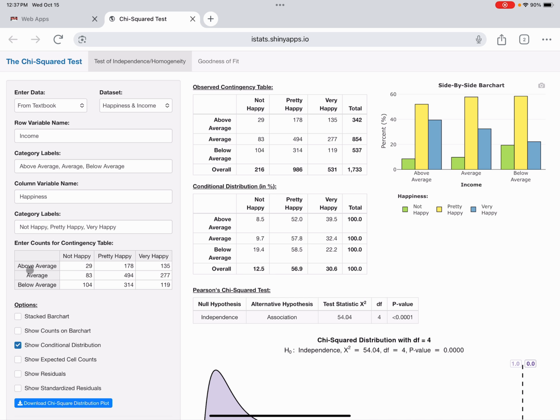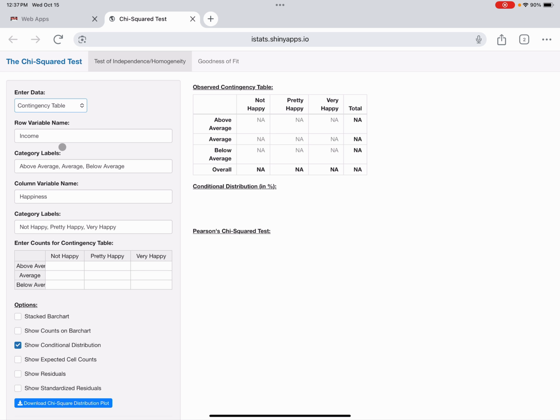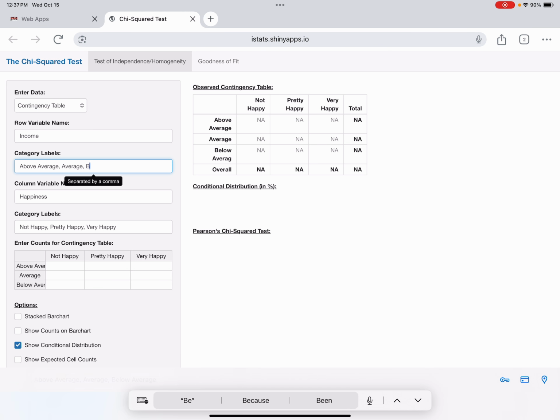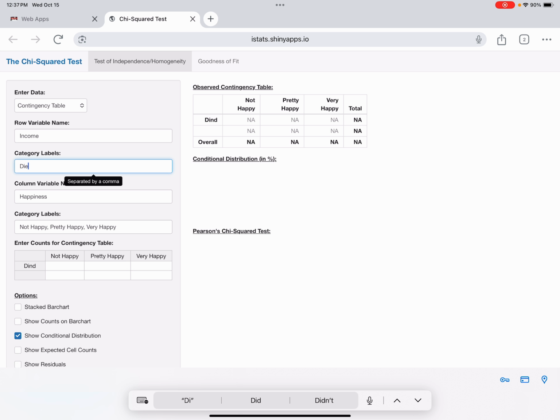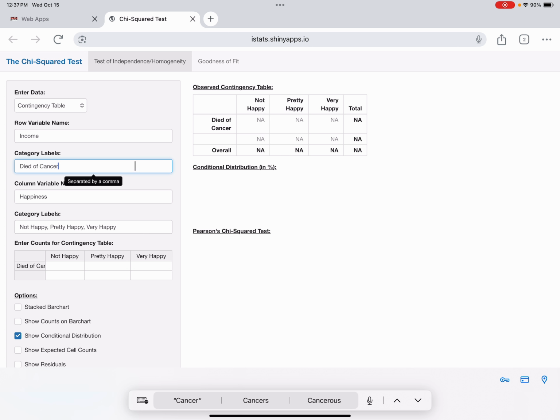Okay, so we're back here in the chi-squared test, and we do indeed want to run a test for homogeneity, so we'll leave that. I have my own contingency table to enter, and let's fix the labels. So for my row labels, I want died of cancer and did not die of cancer.